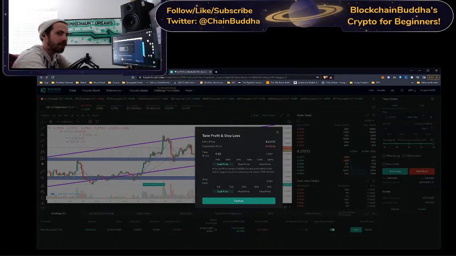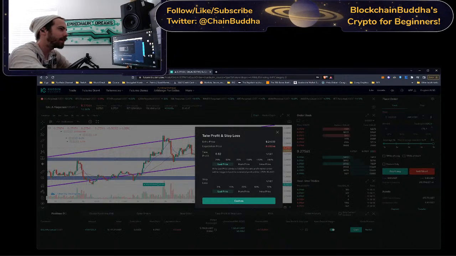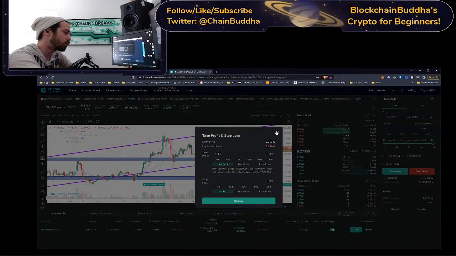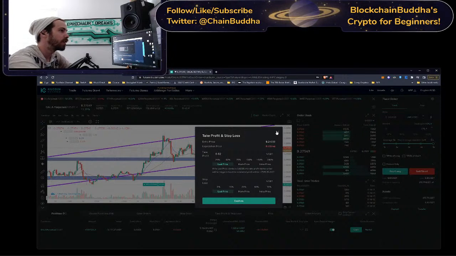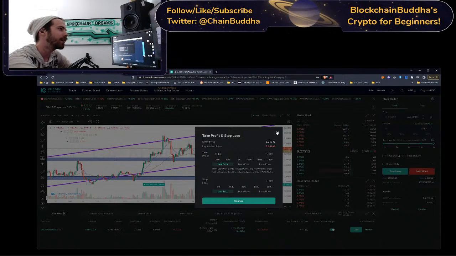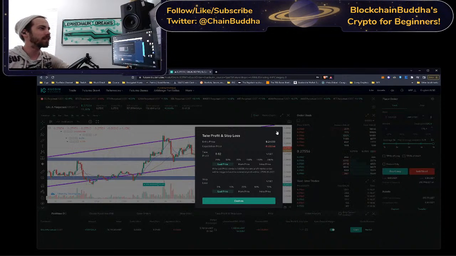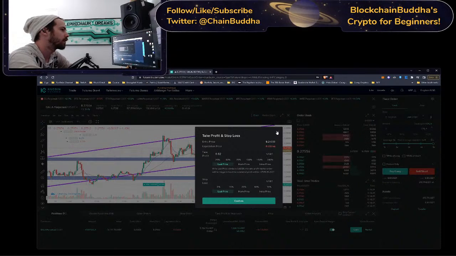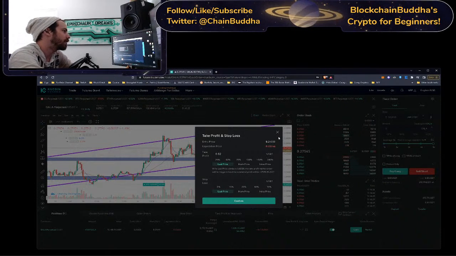At that point, I would have made, what, like 1,500, 2,000% profits on my trade, which is significantly larger than if I were just holding the Gala token. If I were to just hold the Gala token and it goes up to 80 cents, that's a 3x from where it is. My entry was, I don't know, 1,500 or so, 1,800, maybe even 2,000.